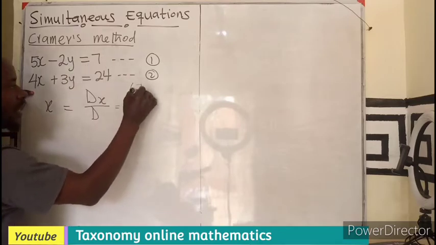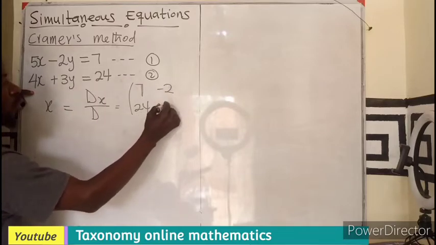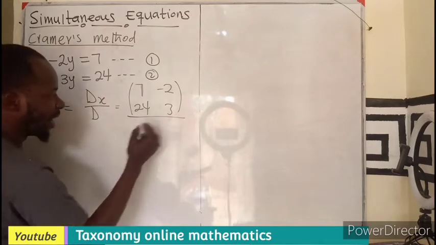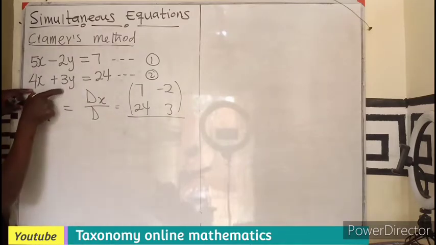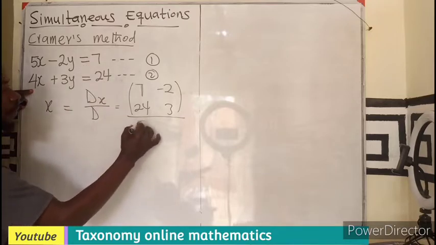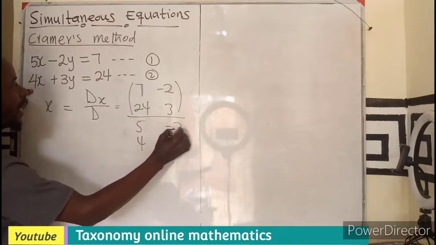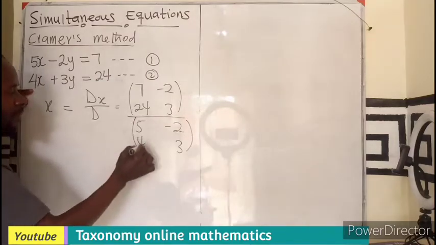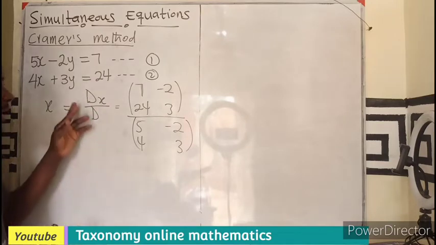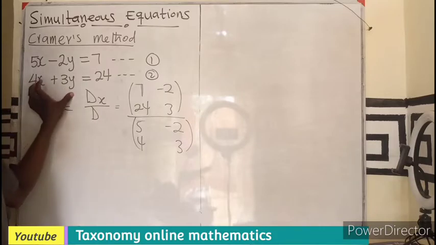So that is going to be 7, 24, then minus 2 and 3. That will be the matrix divided by the actual matrix without the 2 by 1. That is going to be 5, 4, minus 2, and 3. So we need to find the determinant over the actual determinant of the coefficient of x and y.